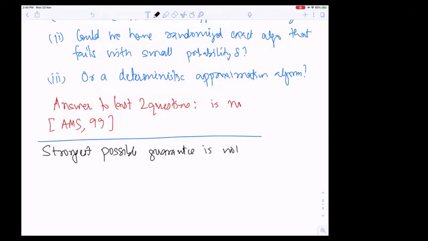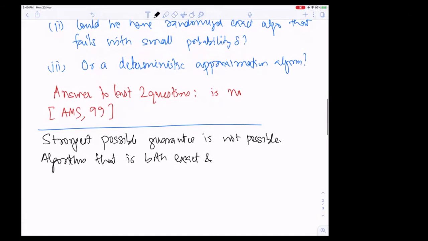And what I mean by that: an algorithm that is both exact and deterministic requires omega n bits of memory.